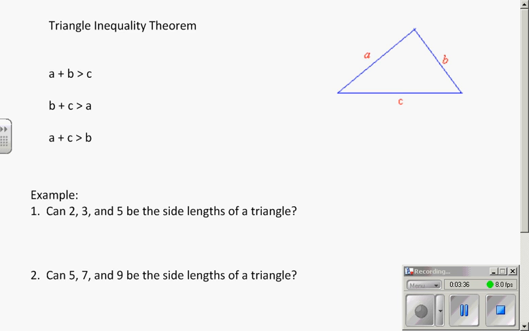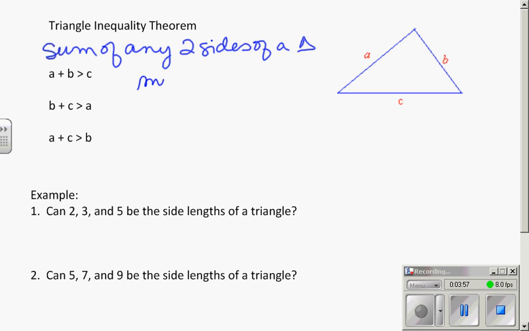Now, the triangle inequality theorem is also very powerful because if you think about it, not all possible side lengths will come together to make a triangle. So what are the criteria to making a triangle? The sum of any two sides of a triangle must be greater than the third side.